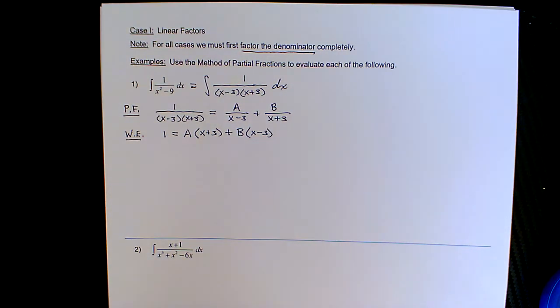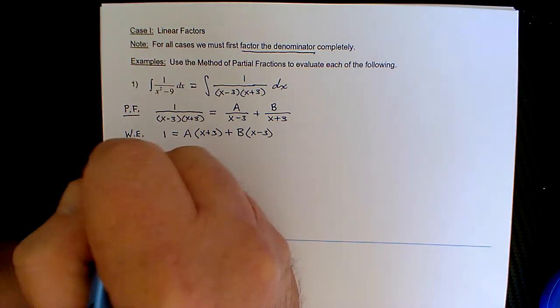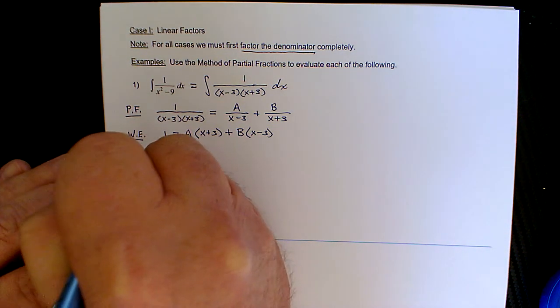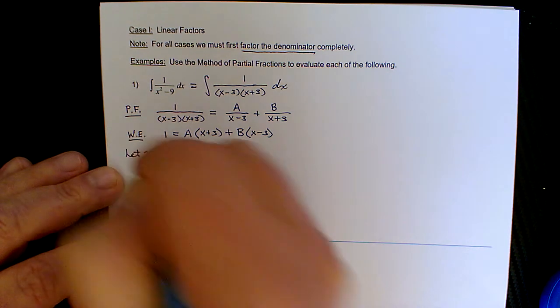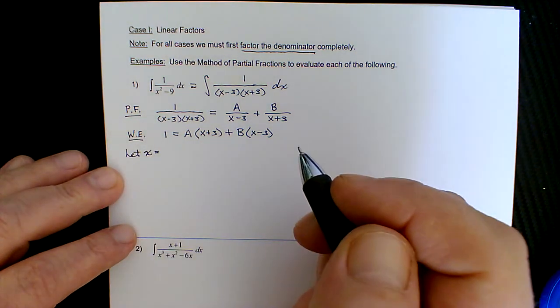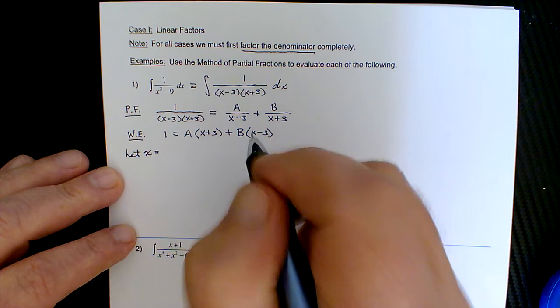Okay, so now we can start to solve for the constants. So we saw the two methods were comparison, which led us to a system of equations, or elimination, which seemed simpler. So I'm going to suggest at all times you use the elimination method first, and you just strategically choose values of x that are going to zero things out, so that you're only left with one constant to solve for.